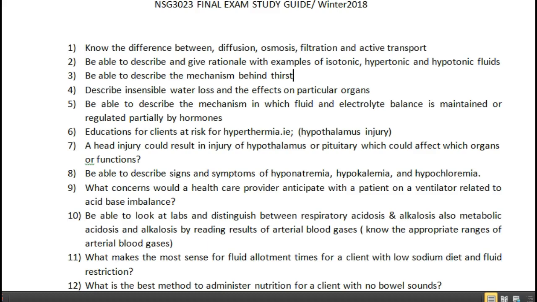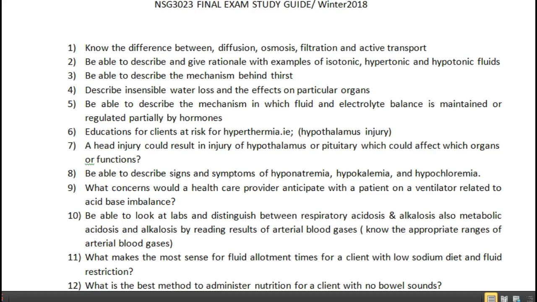But remember that insensible water loss usually occurs through more or less the skin or the lungs.